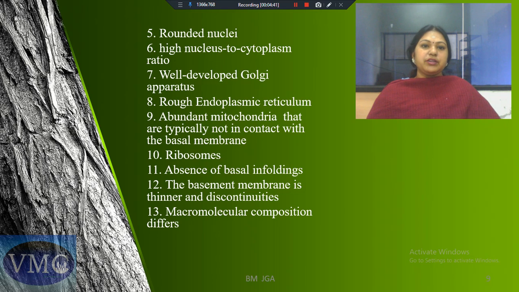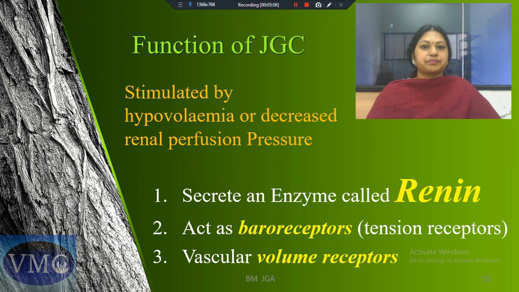They have rounded nuclei, a high nucleus to cytoplasmic ratio, a well-developed Golgi apparatus, rough endoplasmic reticulum, abundant mitochondria, and they are not typically in contact with the basal membrane. Ribosomes are also there. Absence of basal enfoldings is a finding here. The basement membrane is thinner and discontinuities are present, but the macromolecular composition differs.